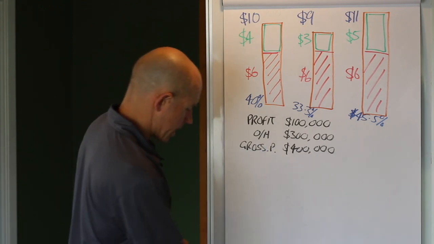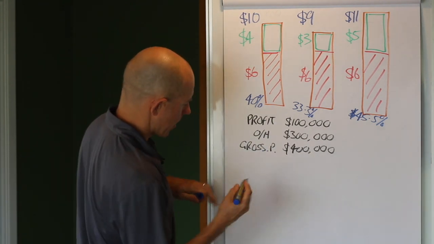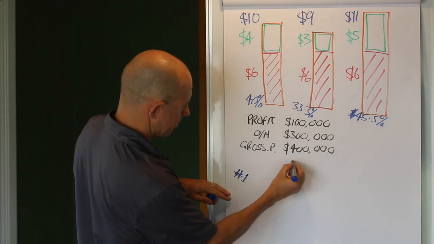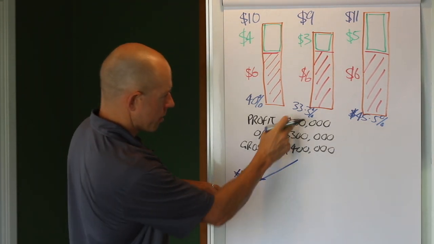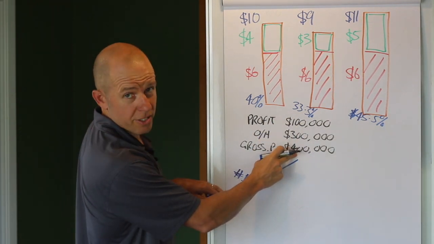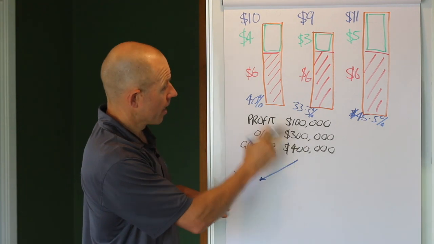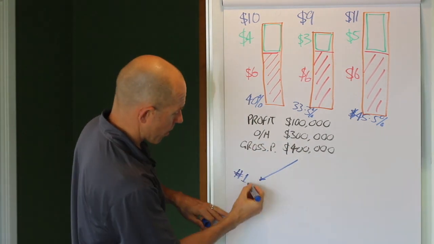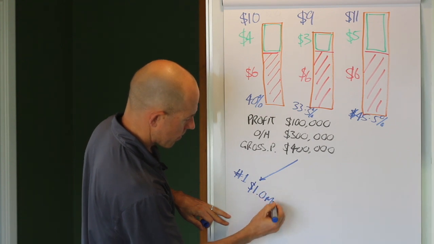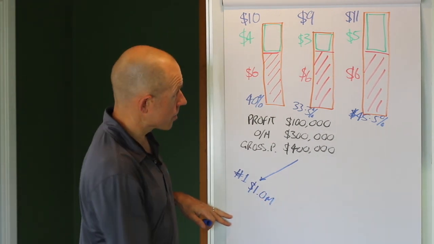Now let's look at scenario number one. To make the $400,000 in gross profit at 40%, that would represent $1 million in sales to make $100,000.